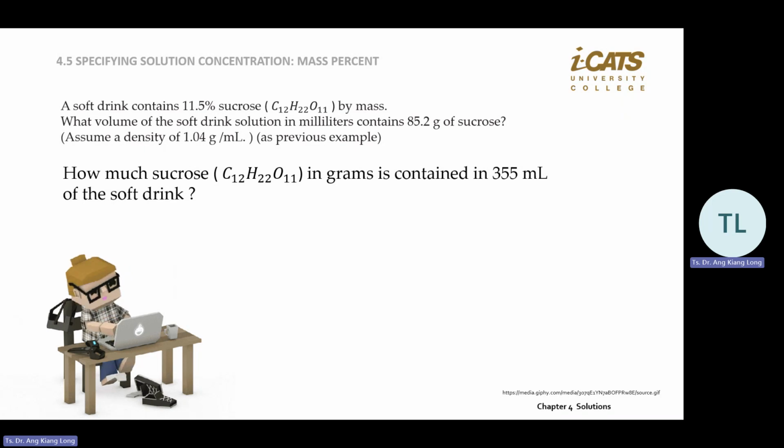Then it asks what volume of the soft drink solution in ml contains 85.2 gram, and how much sucrose in gram is contained in 355 gram of soft drink.